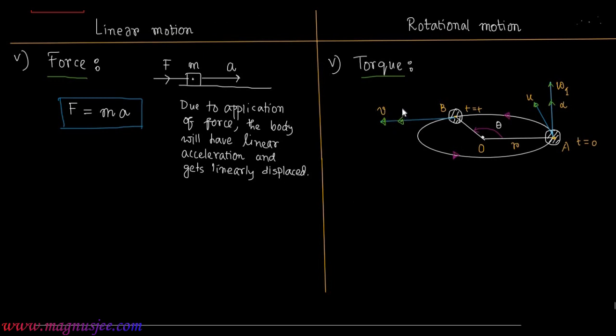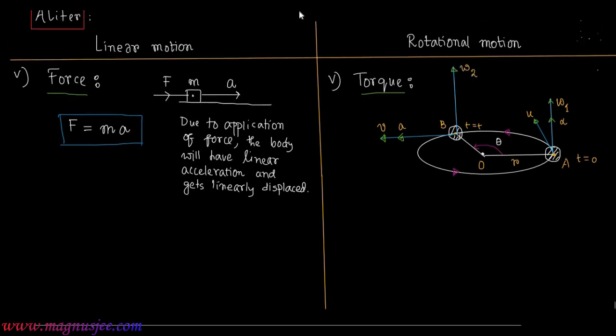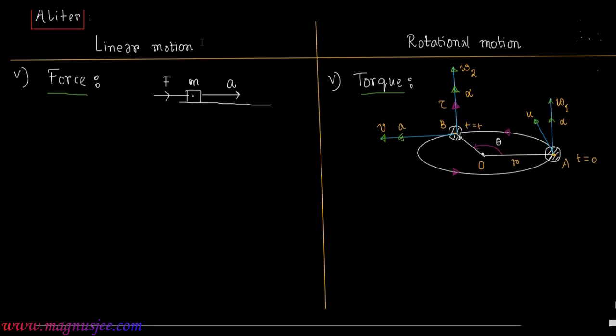We can denote the tangential acceleration as A, at the point B. Omega 2 is the final angular velocity, acting upwards at the point B. Alpha is the uniform angular acceleration of the body revolving anticlockwise in the horizontal circular orbit, and we can also denote the torque tau acting on the body. Here the torque tau is acting vertically upwards, provided the body revolves anticlockwise in the horizontal circular orbit.